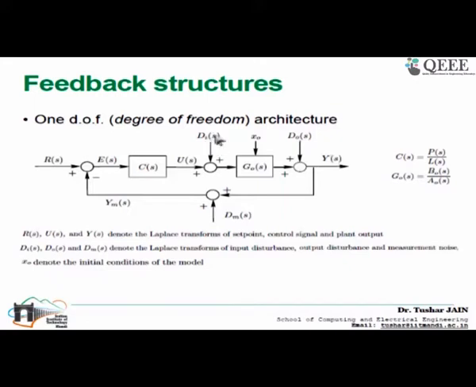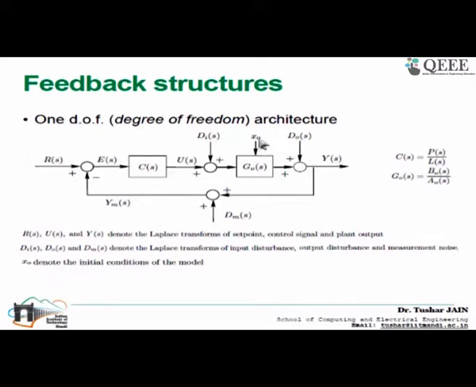We have three other variables as well: DI, which is the input disturbance, DO, the output disturbance, and the measurement disturbance. These are the inputs over which we do not have any control, but over this input RS, which is given by the user, we know what we are giving to the system.